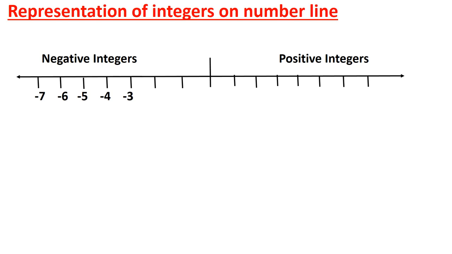So we will write 0 in the center of the line, because 0 is neither positive nor negative. To the right-hand side of 0, we will write positive integers, and to the left-hand side of 0, we write negative integers. And we always start from just right and left of the 0.